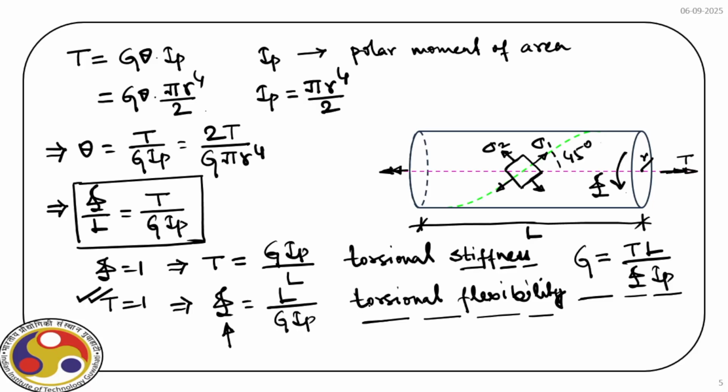Now, what is the relation between capital T, that is torque, and the shear stress developed? Recall, in the case of bending also, we identified the relation between applied bending moment and bending stress. So let us quickly identify the relation between torque and the shear stress developed.